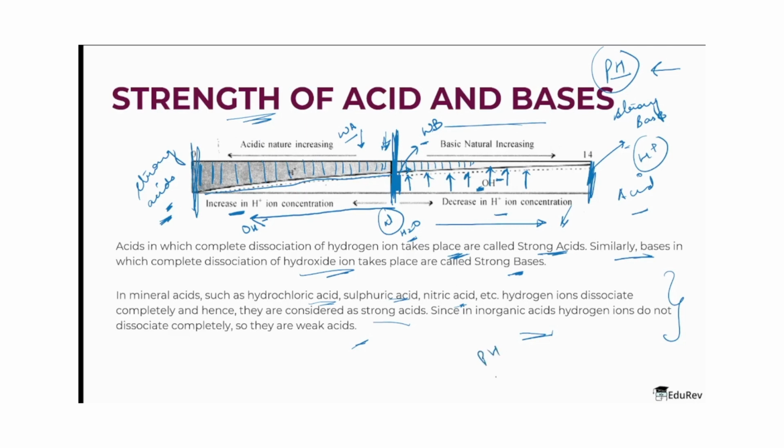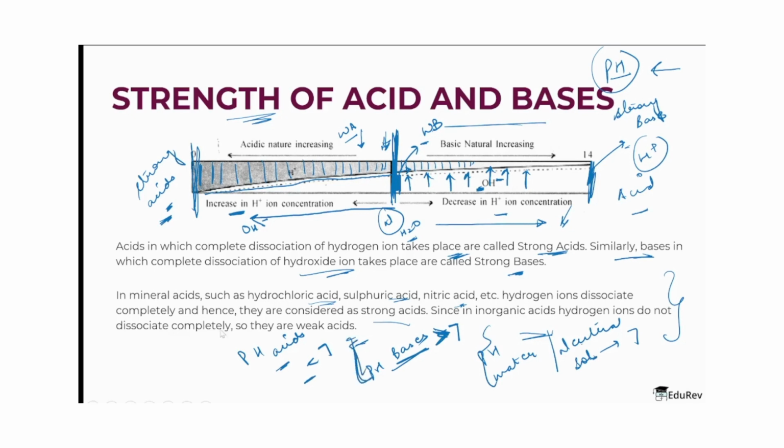The pH for your water, or any neutral solution, is going to be 7, whereas the pH for your acids is going to be less than 7, and the pH for your bases is going to be greater than 7.